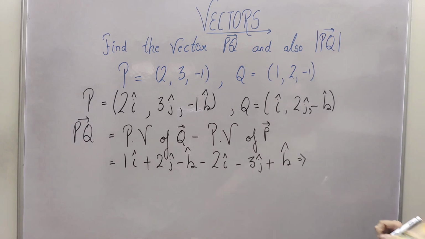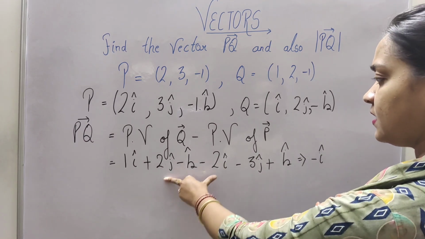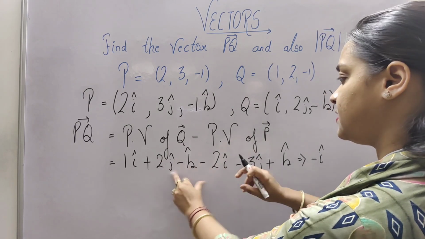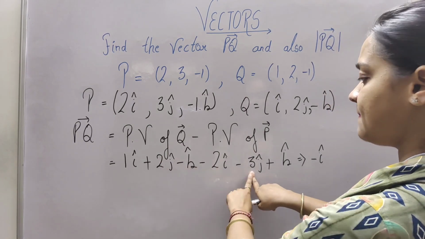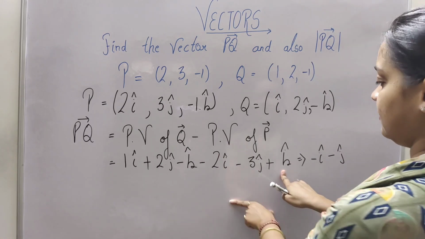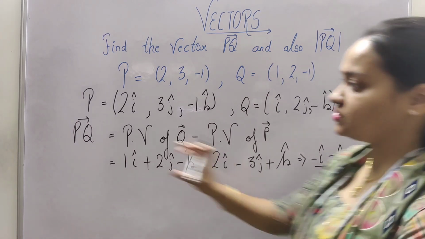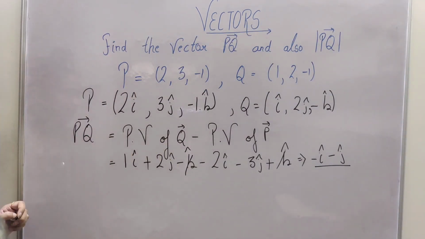So the values come minus i cap, it is 2 minus 3, minus j cap, and k and k are cancelled. So the values come this. This is the position vector of PQ.